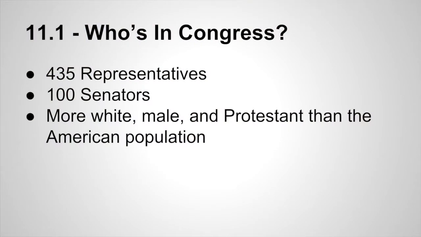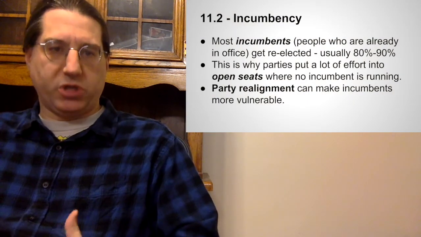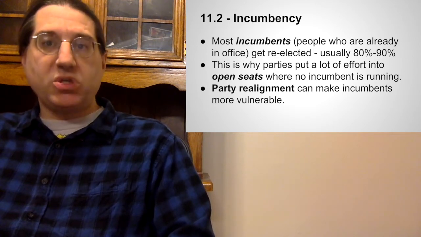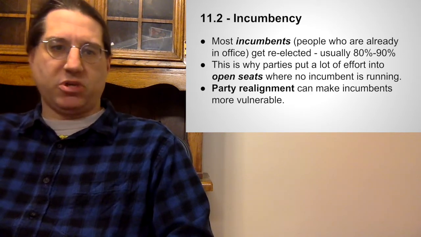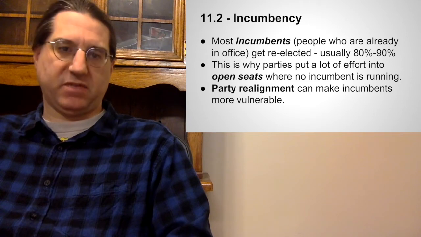Beyond just the who's in Congress, there's the who stays in Congress question, which brings up incumbency. The incumbent is the person who currently holds the job. And in both the House and the Senate, most incumbents get reelected. Normally it's 80 to 90% of incumbents who are running for reelection who are successful.